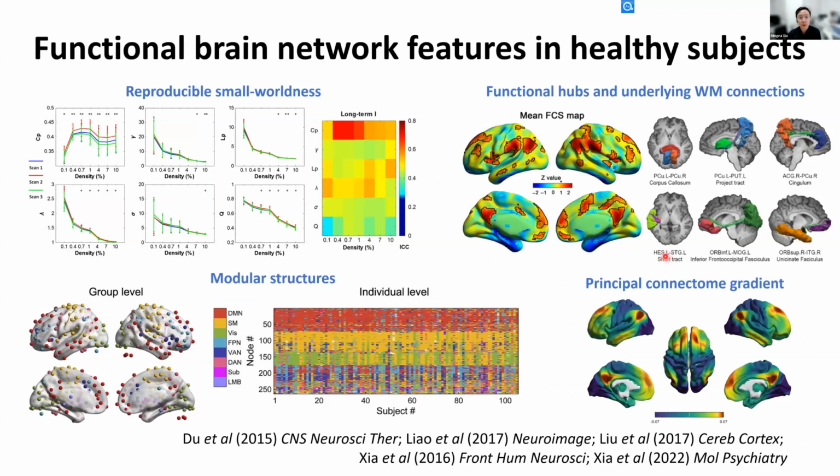With the help of these tools, we have revealed some typical features of the functional brain networks in healthy subjects. For example, we found the small-world configuration is reproducible between two scans with a long interval, for example 6 weeks.